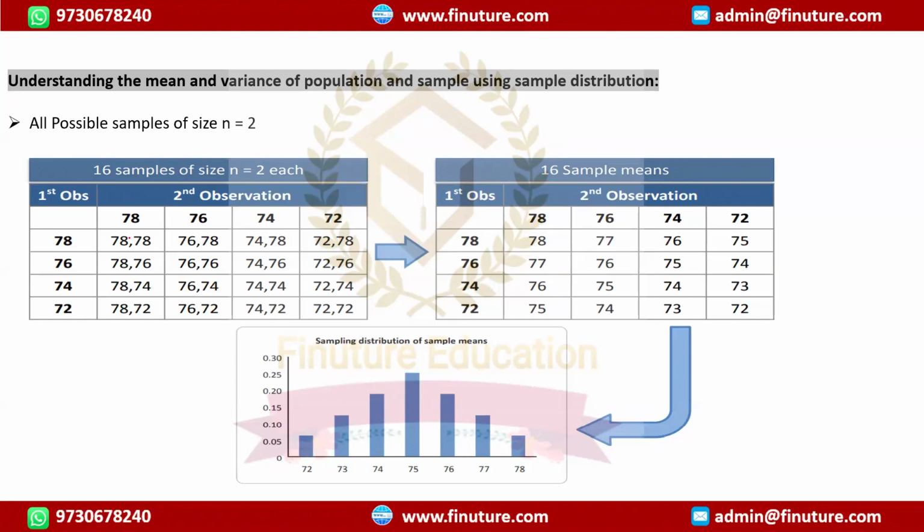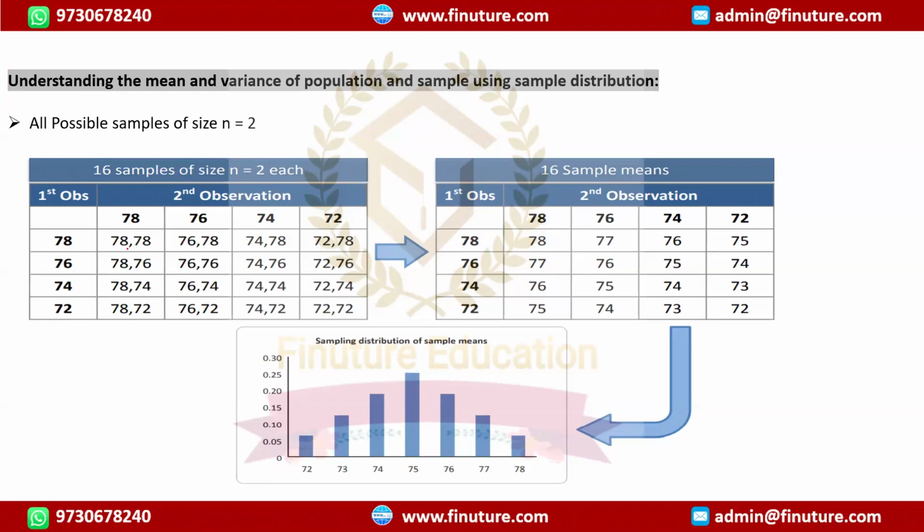The diagonal elements are equal ones: 76, 76, 74, 74, 72, 72. Likewise, we can combine 76, 78; 74, 78; 72, 78. 78 is attached with all these four. Likewise, 76 is attached with all these elements on the top. So this is how the sampling can be done. If I choose two, these are all possibilities.